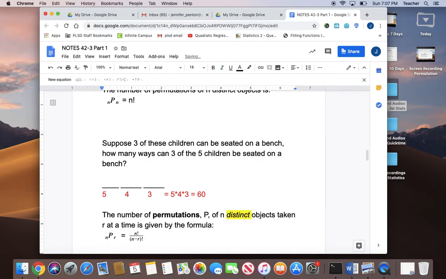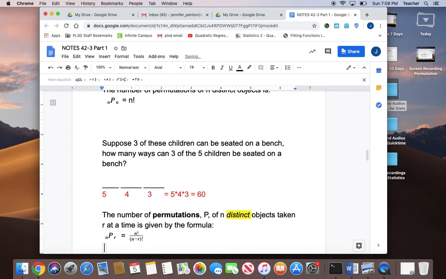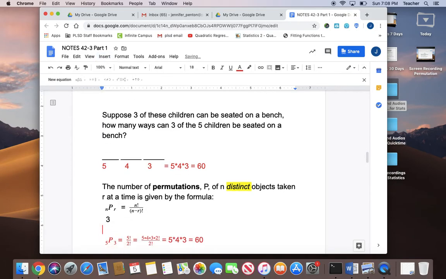So in this example with the bench here, I have 5 children and I'm taking 3 of them to put on a bench. So I'm writing that. I have 5 children and I'm going to take 3 of them to sit on a bench. So that's really going to be 5 permute 3. I'm taking 3 at a time. Okay?